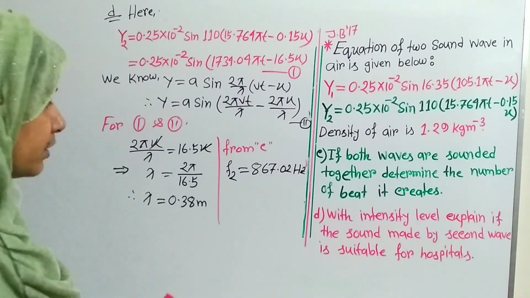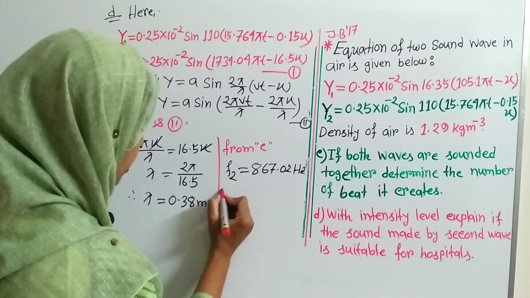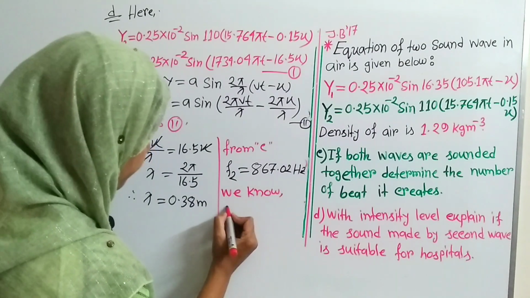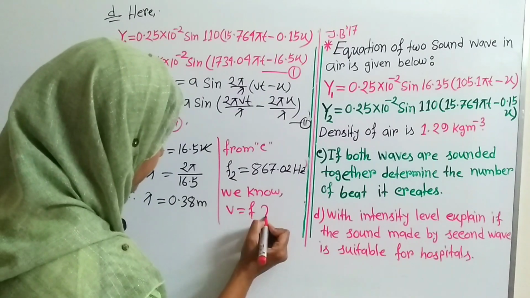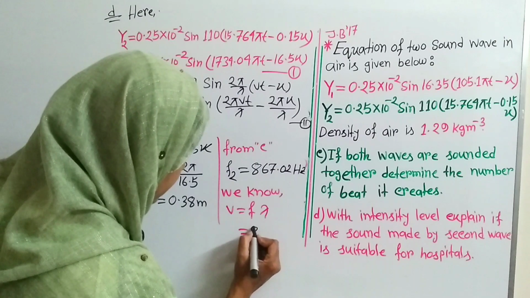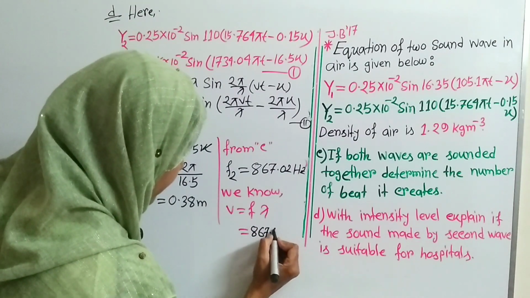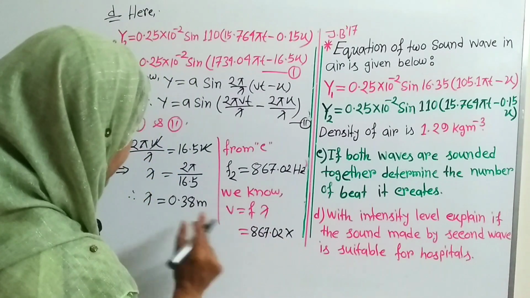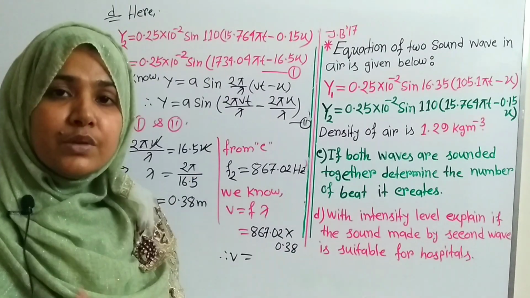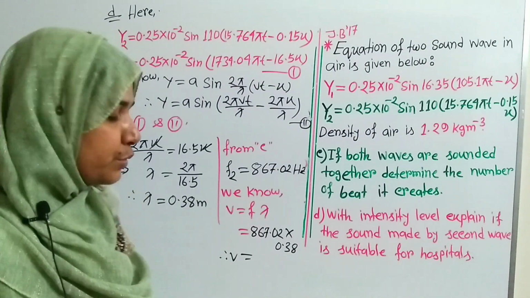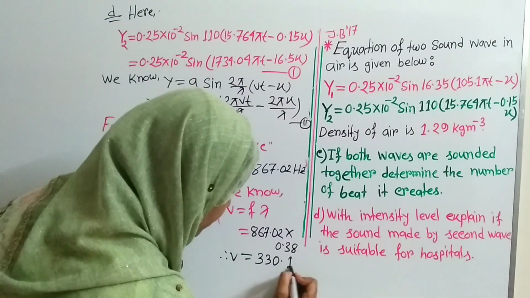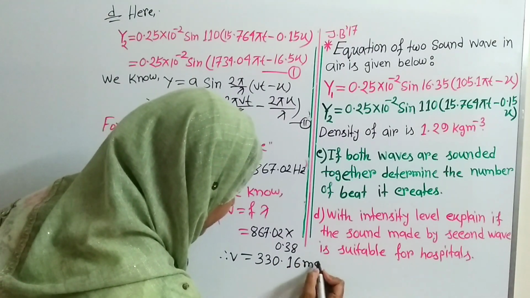So we know V is equal to f lambda. f means 867.02 into lambda means 0.38. So you will get the velocity of sound for equation 2 is 330.16 meter per second.